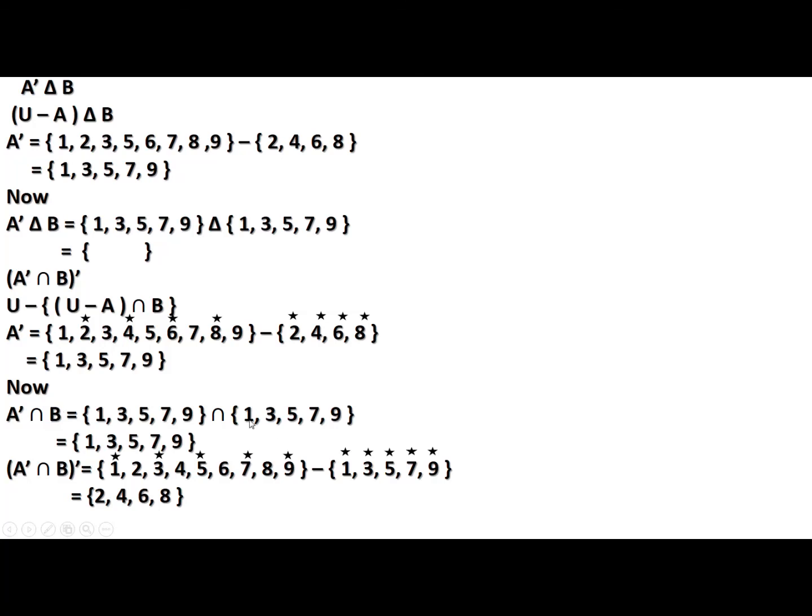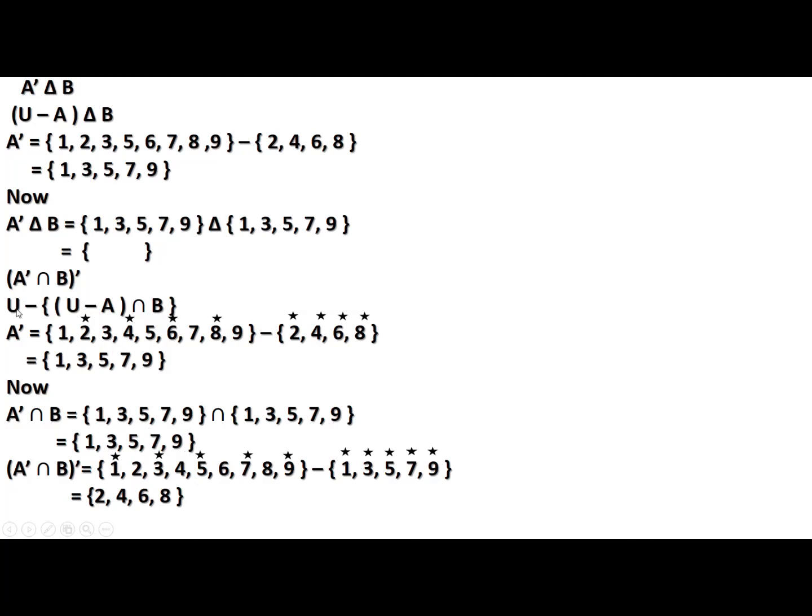Elements of B are 1, 3, 5, 7, 9. In intersection, we'll write the common elements: 1, 3, 5, 7, 9. We got the answer. Students, now we have solved all sets which are inside the curly bracket, and the answer we got is 1, 3, 5, 7, 9.